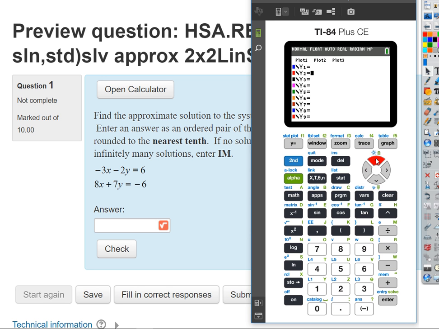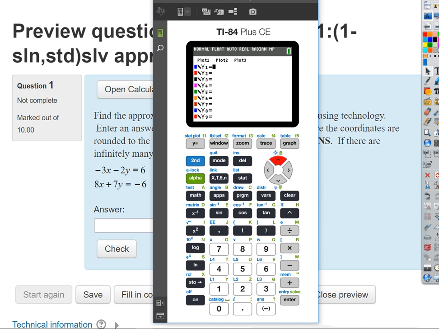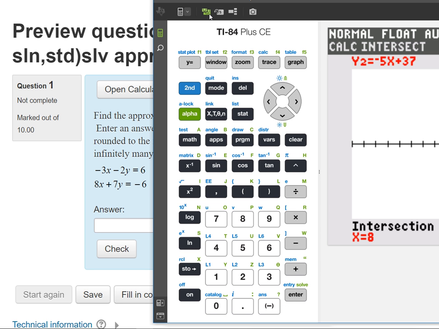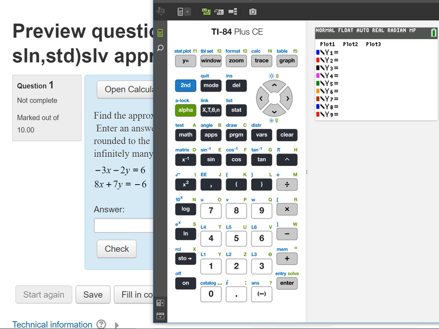So all we got to do here then is, on this line right here, we're just going to isolate y into the calculator. So now we're going to do this 2 ways.